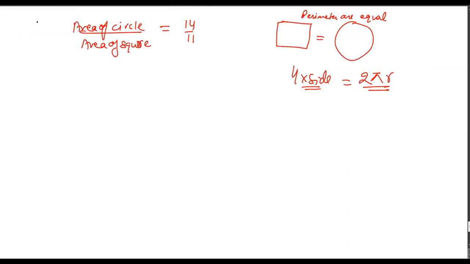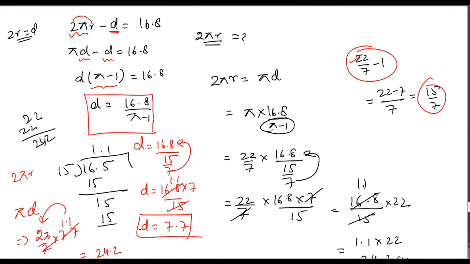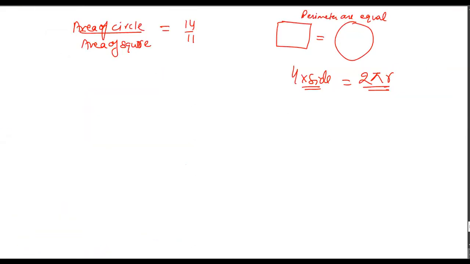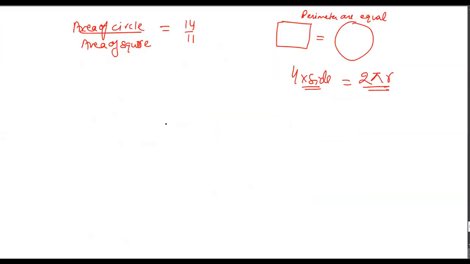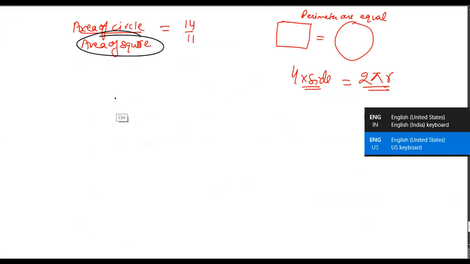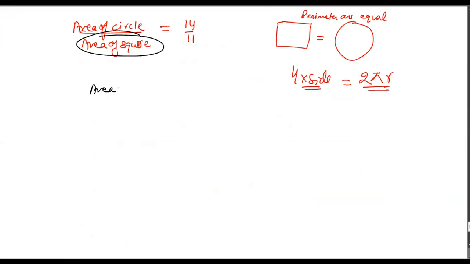Okay, so now what you need to do here: it is given that when the wire is bent in the form of a square, the area is 484. So what would be the area of the circle? Area of circle to the area of square, that is 484, is equal to 14 upon 11.